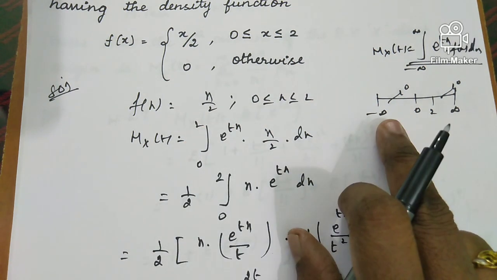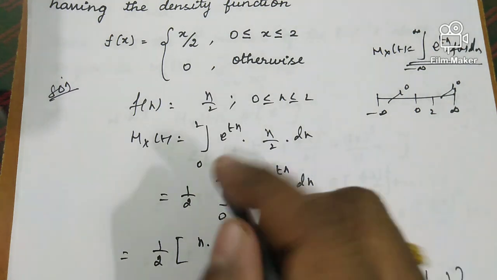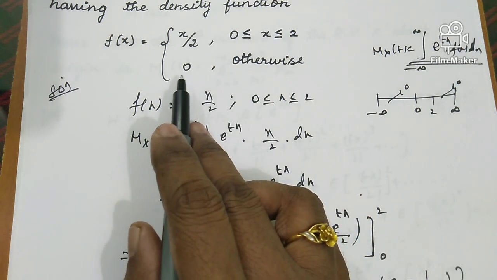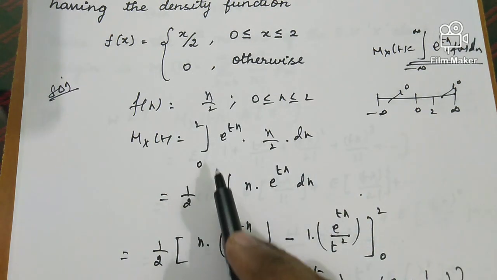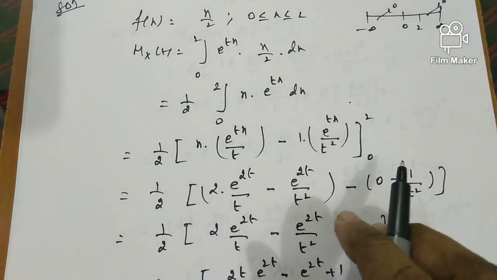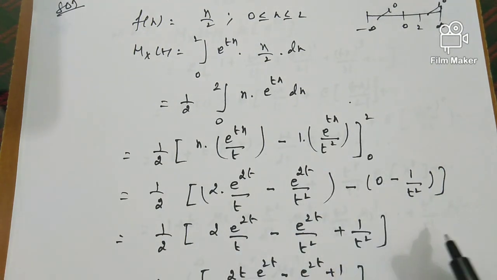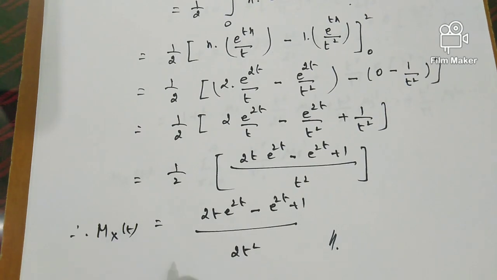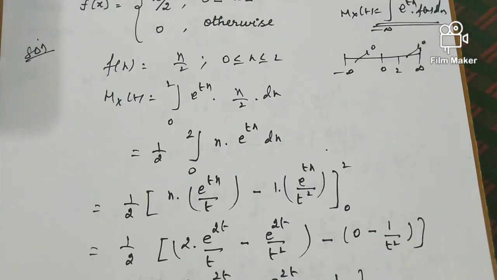The actual limit is minus to plus infinity, but it's given that elsewhere the value of f(x) is 0, so we have directly written 0 to 2. Applying the integration, Bernoulli's result, and the limit, we get the MGF as M_X(t) equals 2t e^(2t) minus e^(2t) plus 1, whole divided by 2t^2. So up to this, all the problems under the moment generating function are completed.